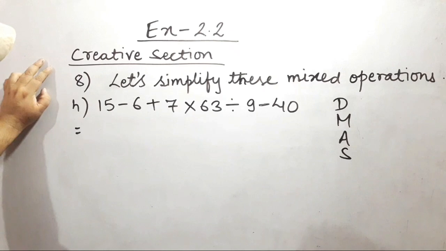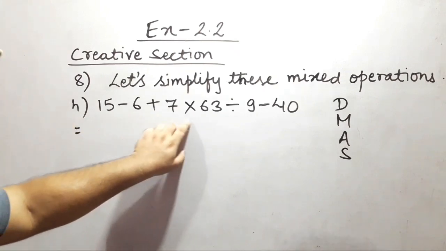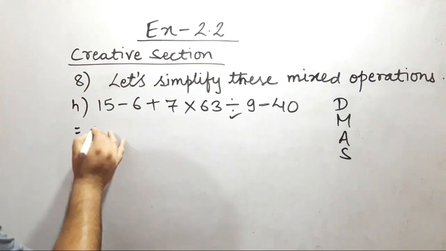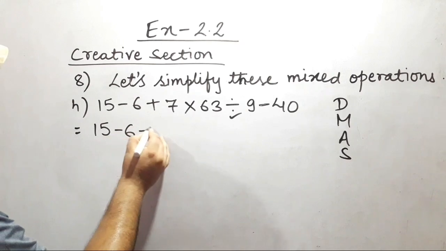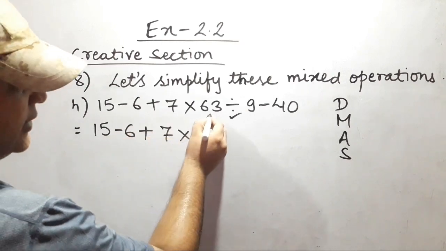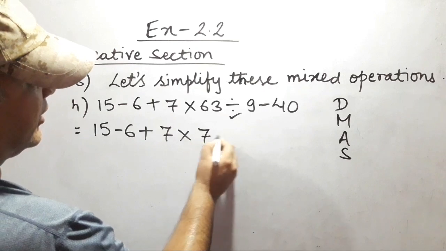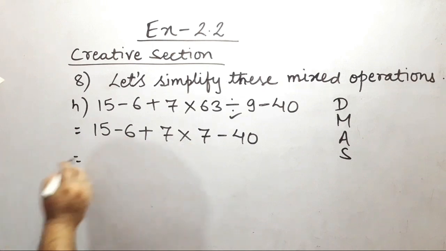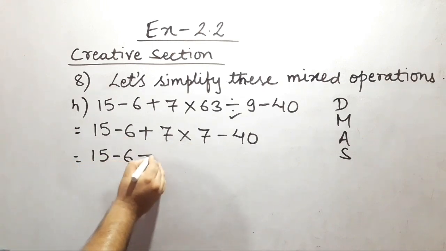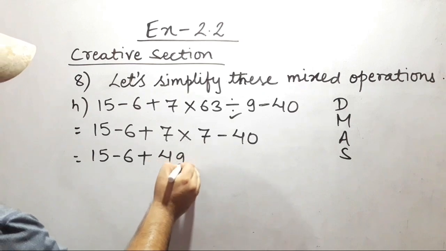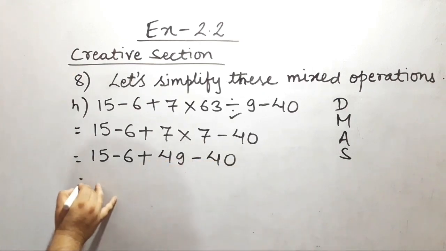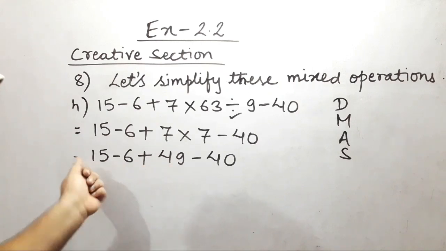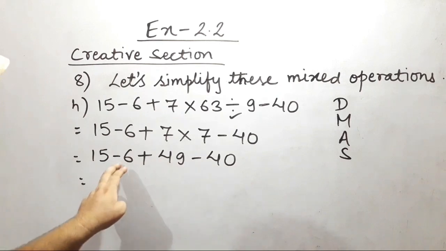This is similar to the previous one. 15 minus 6 plus 7 into 63 divided by 9 minus 40. So this one at first. 9 7s are 63. After division, multiplication, 15 minus 6 plus 7 into 7, 49 minus 40. 15 and 49, these both numbers have positive sign. 6 and 40, these two numbers have negative sign.